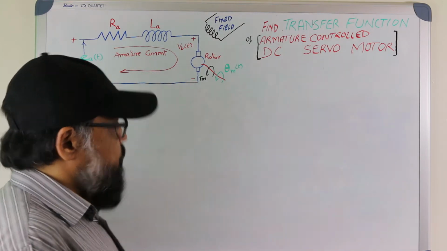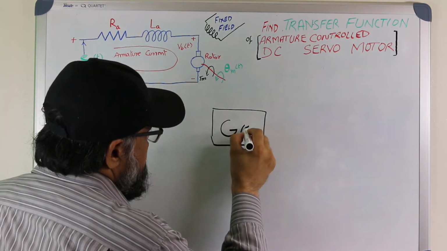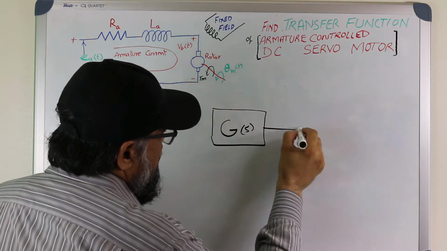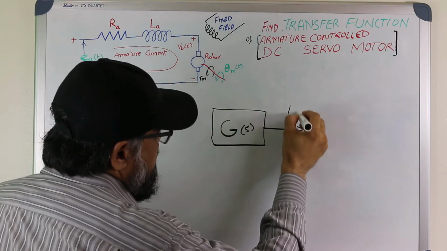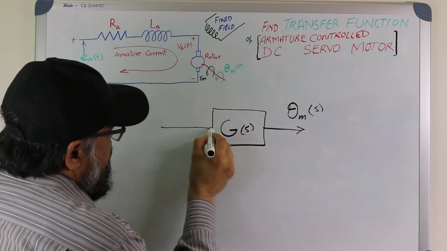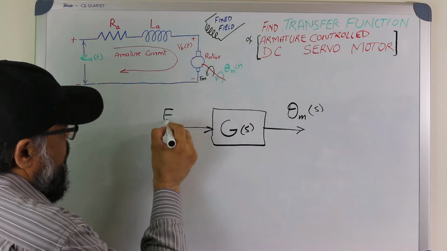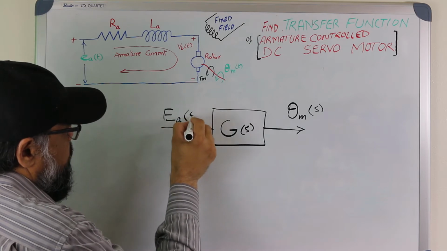So our transfer function would be G of S in S domain, and our output is the position, and our input would be the applied voltage. When we go to S domain, we write capital letters.